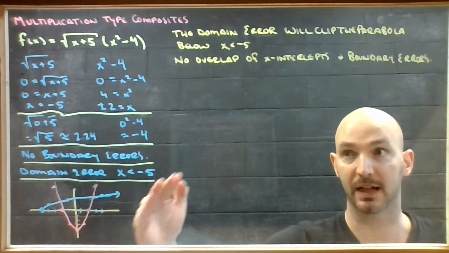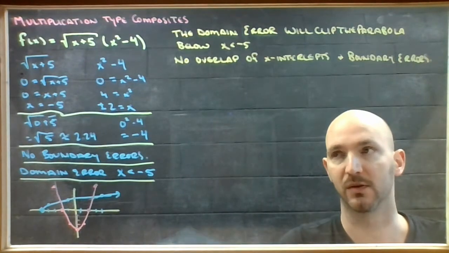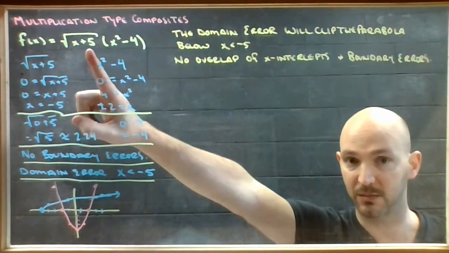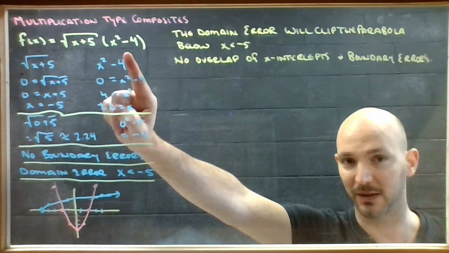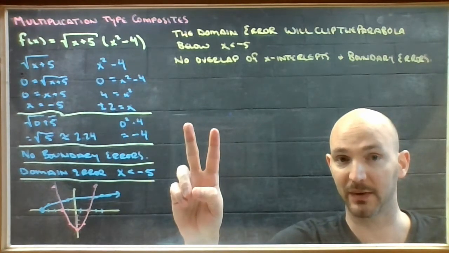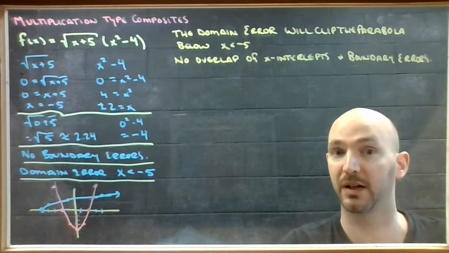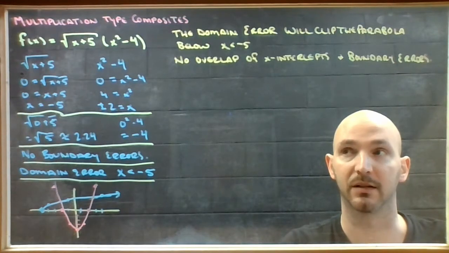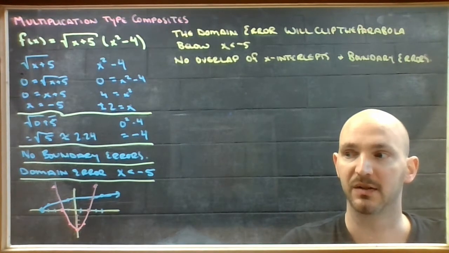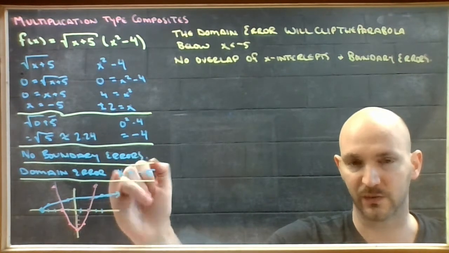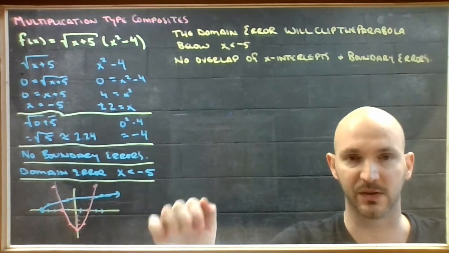This parabola gets bigger and bigger and bigger as it goes along. So if this is getting bigger and this is getting bigger, then you multiply them together, you're going to end up with something much bigger than either of them on their own. So this thing goes to infinity already. This thing also goes to infinity.